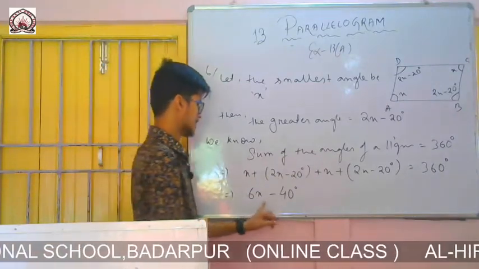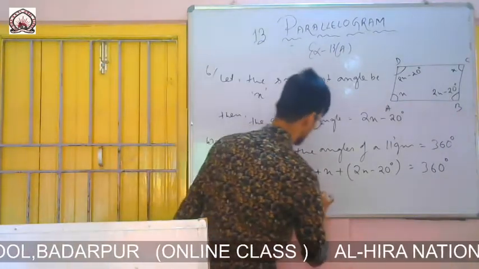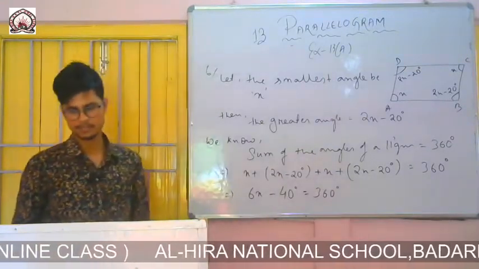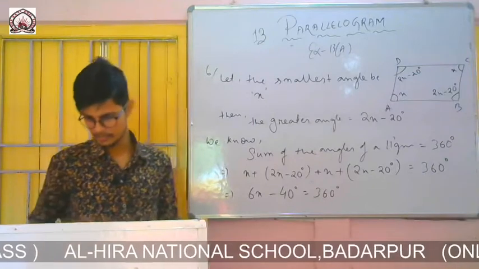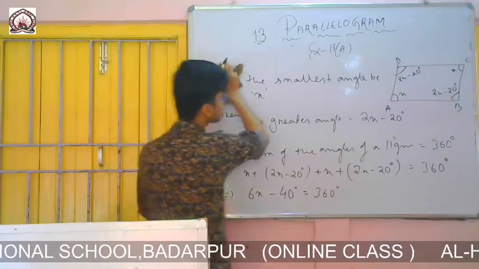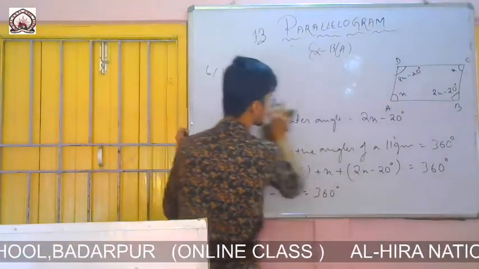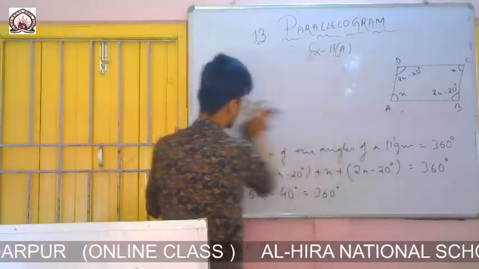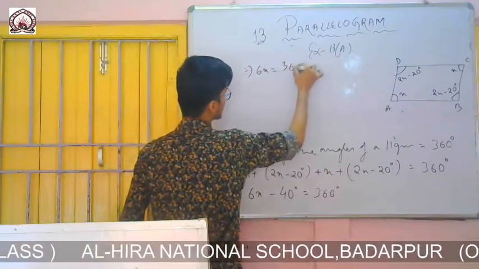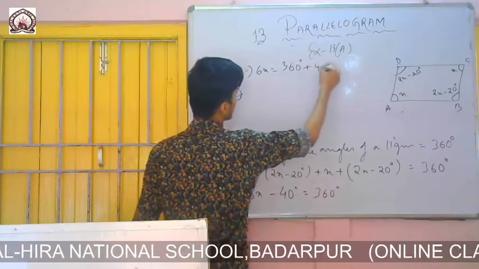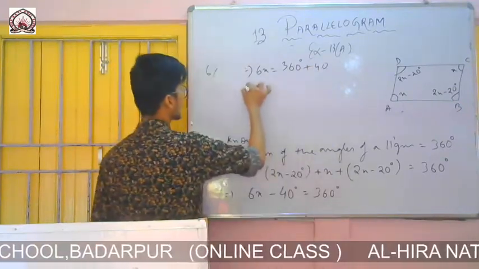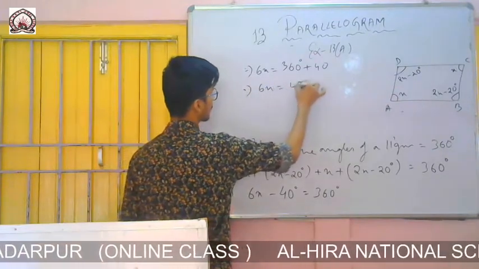So 6x minus 40 equals 360 degree. Implies 6x equals 360 plus 40. This is minus 40; if I transpose, it will be plus 40. 6x equals 400.